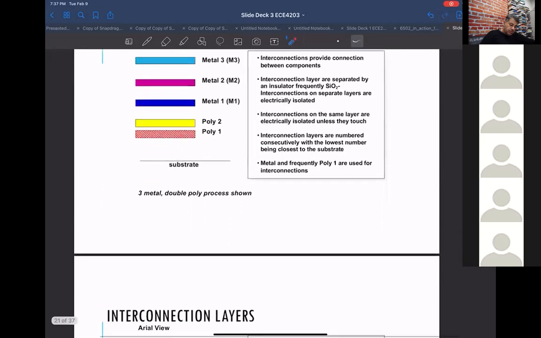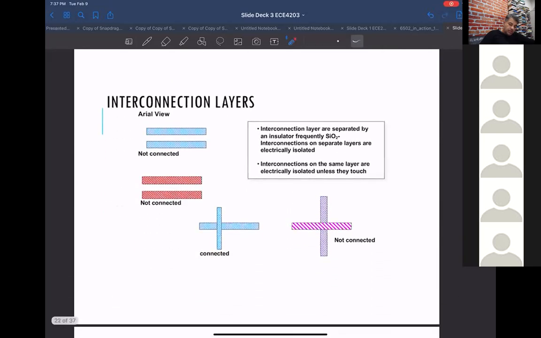Here's an example. For the sake of this section, this is metal 1 and this is metal 2. If you draw it like this, those two will not short to each other, because we're looking at them from the top down.